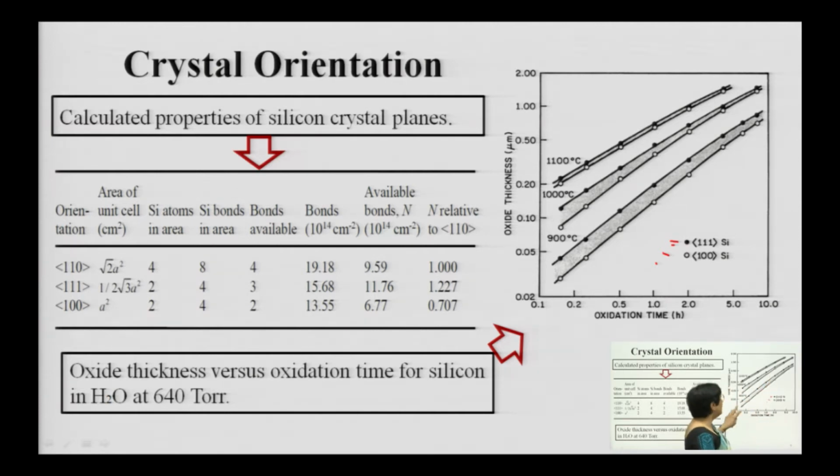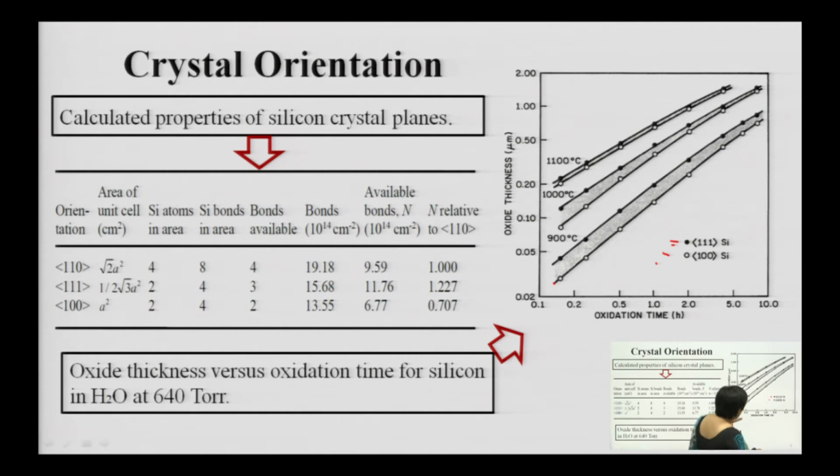Now, you will see that initially there is a change. As far as Deal-Grove is concerned, we assume that the origin starts from 0, that there was no oxide growth initially available, but slowly we will see that as the oxidation time increases, the rate is increasing.